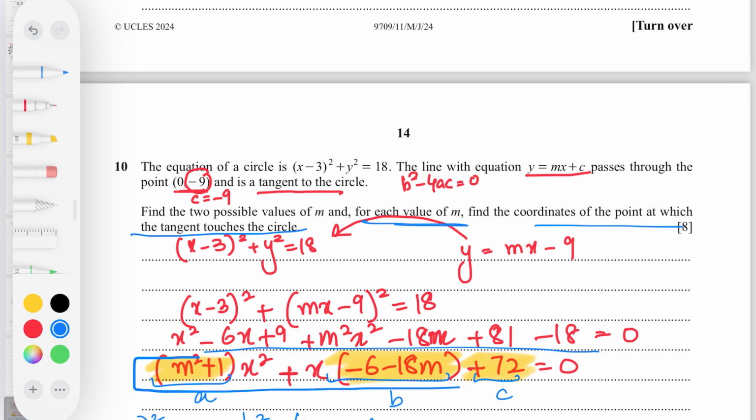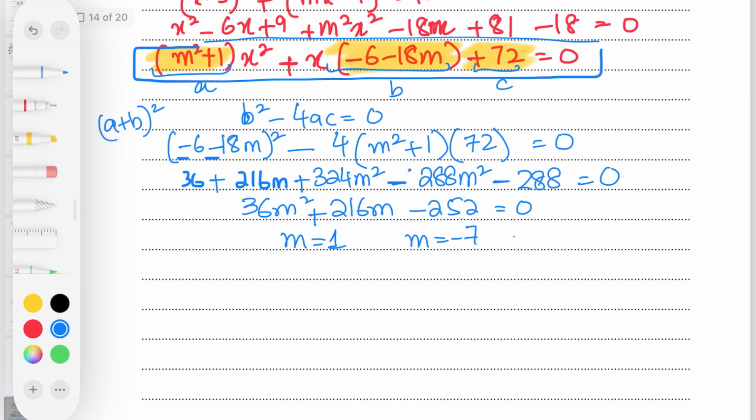Alright, the first value of m is 1. 2x square plus minus 6 minus 6 minus 18 into 1 minus 24m plus 72 equal to 0. Let's put in 7. 49 plus 1, 50x square minus 6 minus 18 into minus 7 gives you 120m.